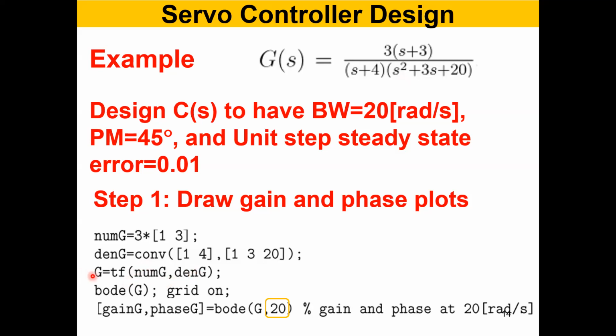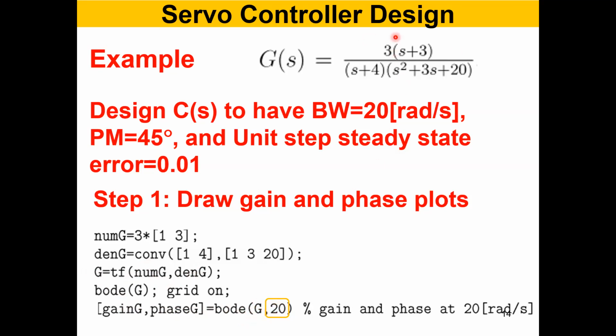So that is G, right? The existing plant. Then you draw bode, magnitude and phase, to visualize what it is, and put the grid on. And also, if you want to calculate your gain at 20 radians per second, this is how you run your bode command, now with two arguments.